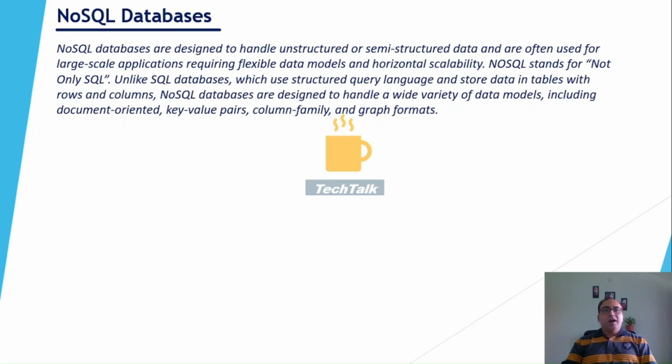Unstructured data is something which is not consistent in format. It means that it does not have any predefined format. It can come in different flavors. It may be in the form of images or documents.